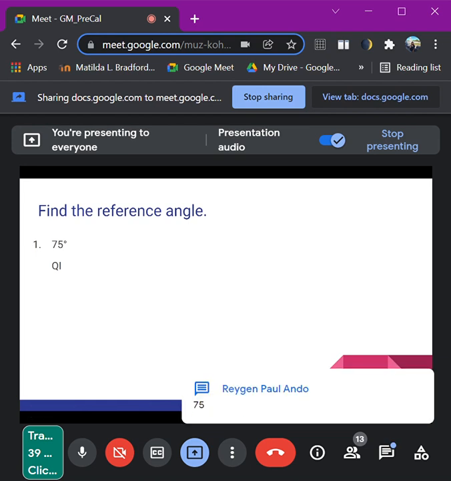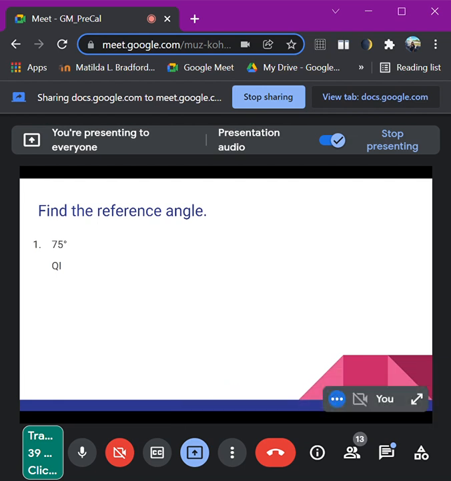Okay. You have there 75. Direct answer. Actually, 75 is correct. Since we are in quadrant 1, the reference angle is equivalent to theta, the given angle. So you can use the formula: reference angle is equivalent to theta. So that is 75, since your theta, the given, is 75 degrees. Okay. Questions for example number 1.